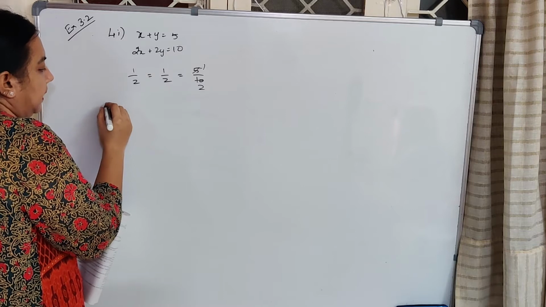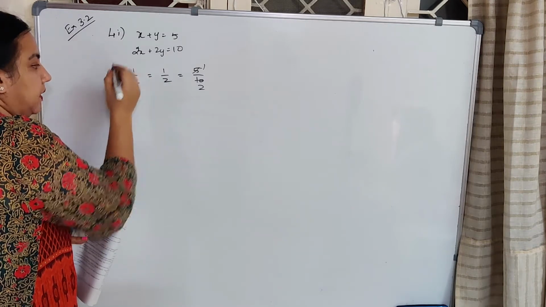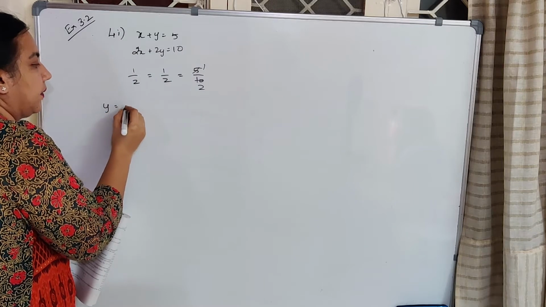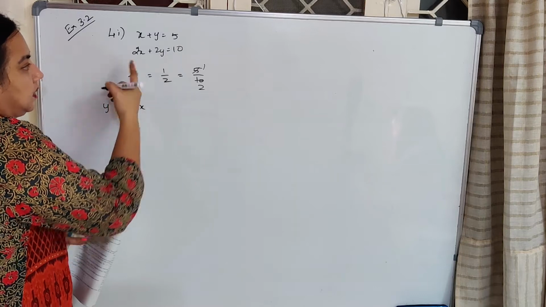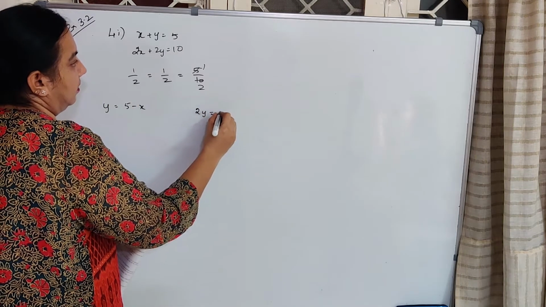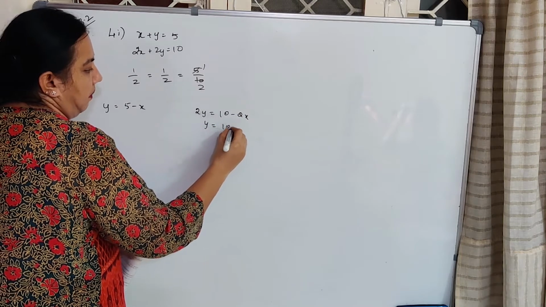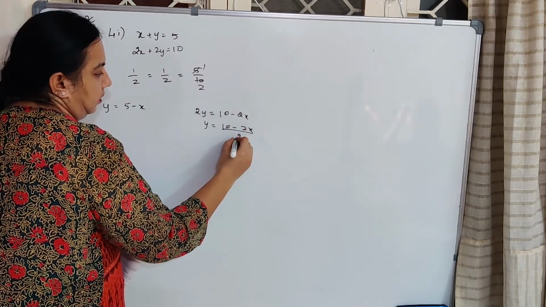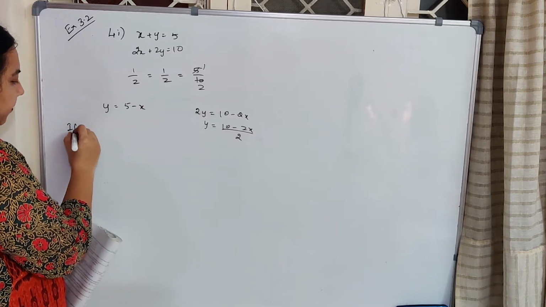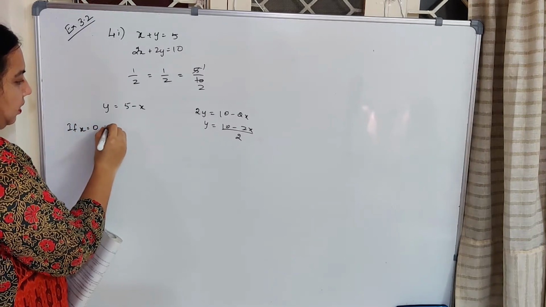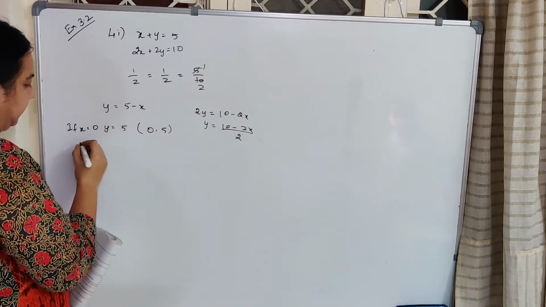So what I do, I keep y alone on the left hand side. In the first equation, y is equal to 5 minus x. Then 2y is equal to 10 minus 2x, and so y is equal to 10 minus 2x by 2. Okay. Then for different values of x, if x is equal to 0, y is equal to 5, the point is 0, 5.